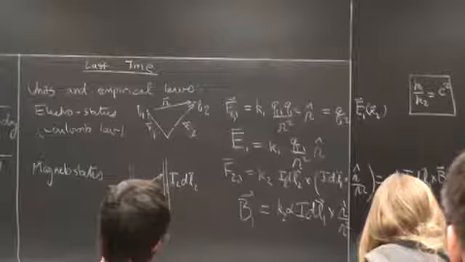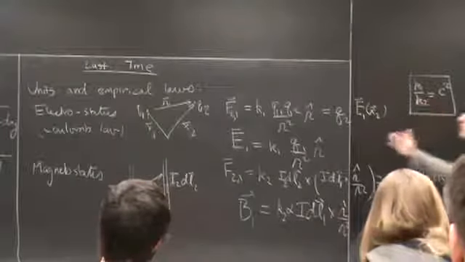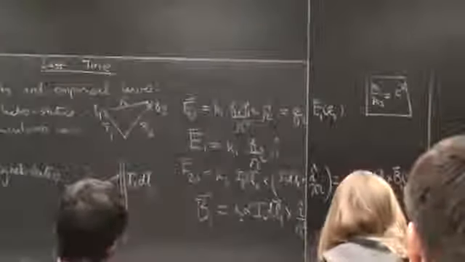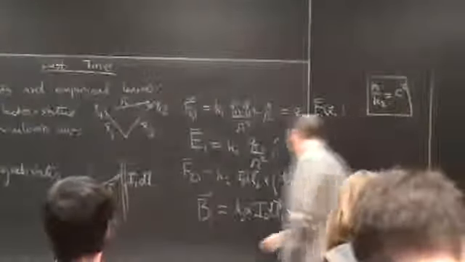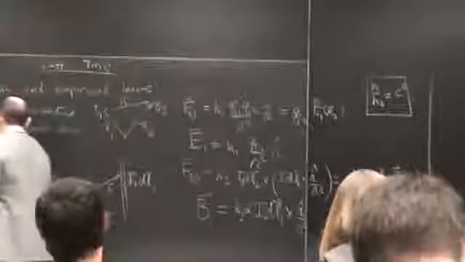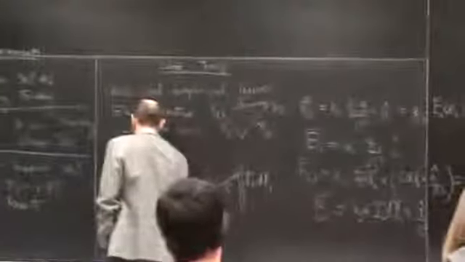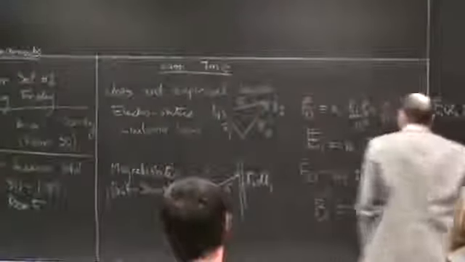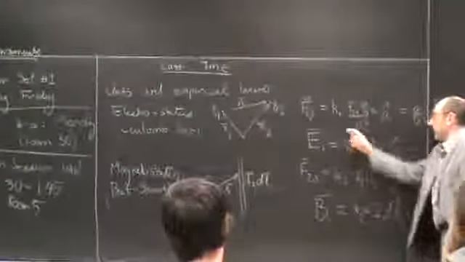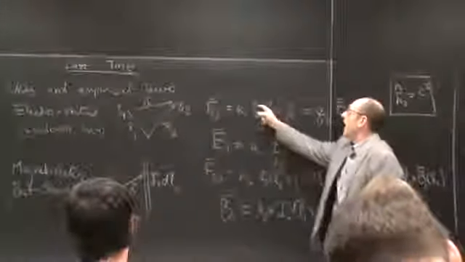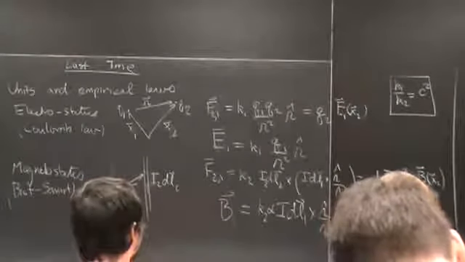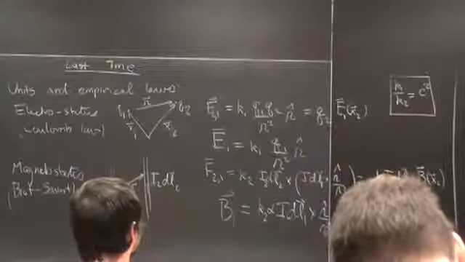The conventions are based on the empirical laws of electrostatics and magnetostatics, the Biot-Savart law and the Coulomb law. So there are constants here that convert current to force and charge to force. Of course, current is just charge per unit time, so that's not a big deal.